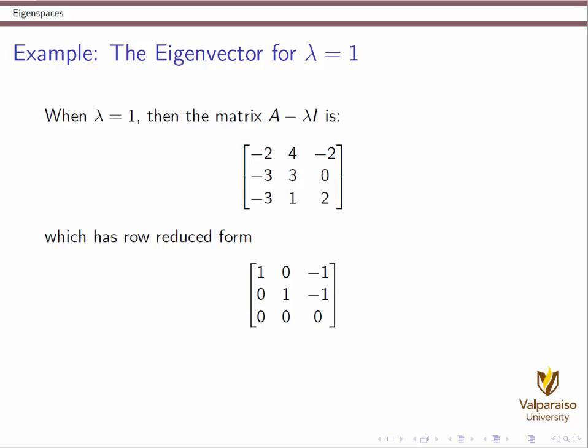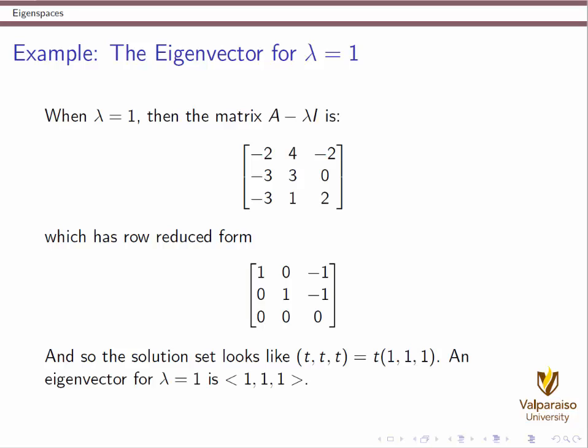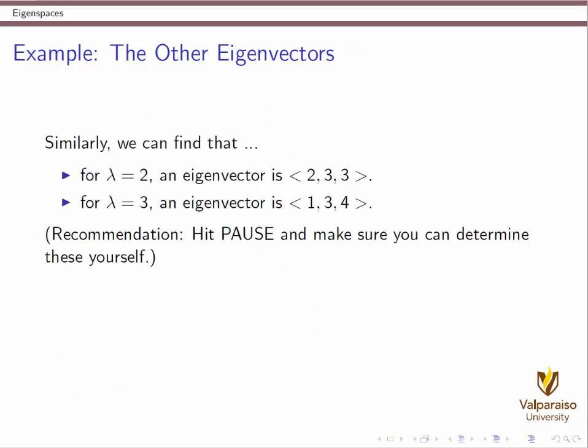And what we tell from this by row 3 is that V3 in the eigenvector will be a free parameter, and then V2 and V1 are both just equal to that V3, or that free parameter. So the solution set to that system of equations looks like this, which means a perfectly good eigenvector for this matrix when lambda is 1 is (1, 1, 1).